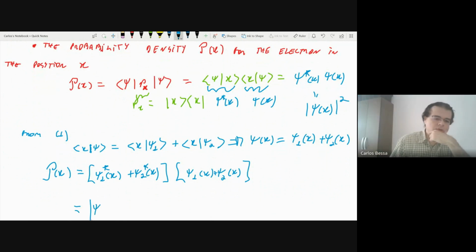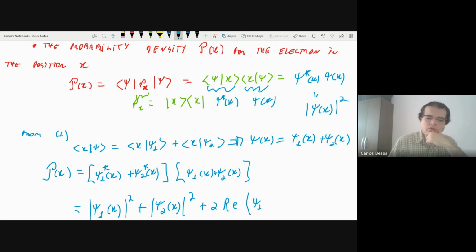The probability will be just psi 1 of x squared plus psi 2 of x squared plus 2 times the real part of psi 1 conjugate psi 2. Okay.